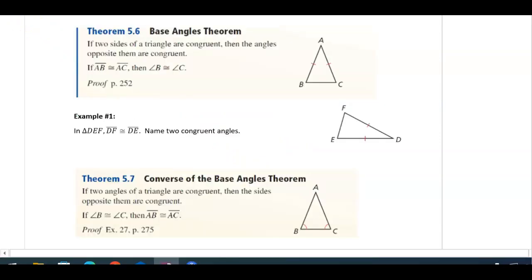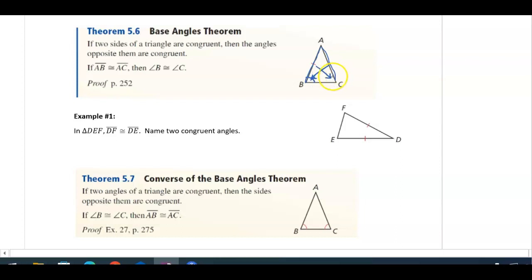That brings us to the base angles theorem. This theorem tells me that if two sides of a triangle are congruent, so anytime I have an isosceles triangle, then the opposite angles are going to be congruent too. In this triangle, if this side is congruent to this side, then this angle would be congruent to this angle.